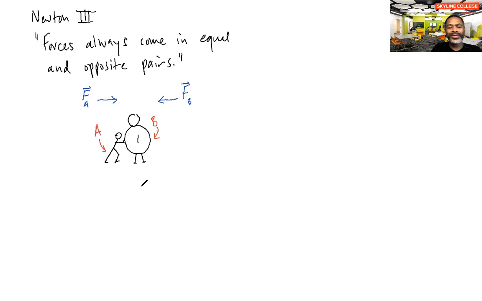So how can they both experience accelerations if there's equal and opposite forces acting here? Why don't they just cancel and then nothing happens? The reason is because each force is acting on a different system. So force A is acting on system B, and force B is acting on system A. And so they'll each experience their own accelerations because they have different masses.